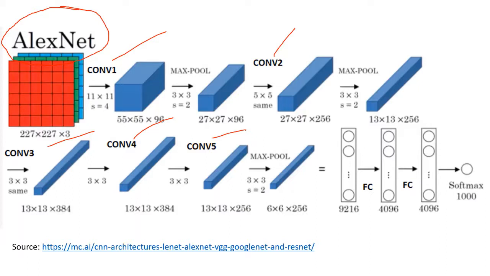Then there is a pooling layer after most of the convolutional layers. And then in the classification part, you will find the fully connected layers, and finally you will have the softmax layers. So we'll try to understand the working of each of these layers in the next slide.